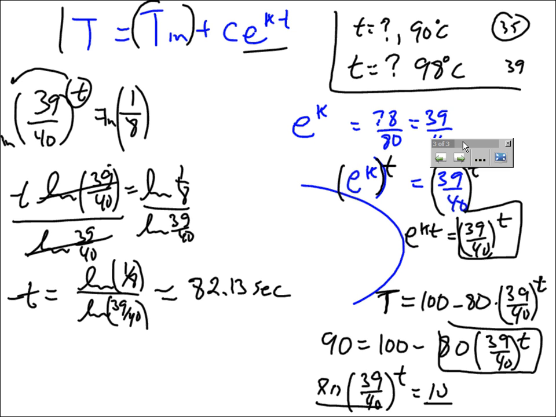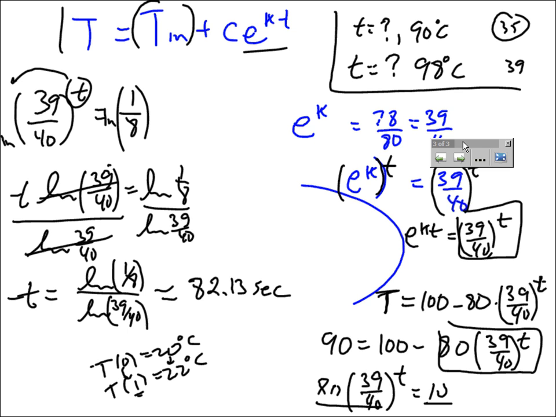What it meant to say was, if the temperature increases 2 degrees in the first second. Not in 1 second, but the first second. So that is why I had it. We knew that T of 0 was 20, so therefore T of 1 had to be 22 degrees. In the first second, the temperature went up 2 degrees.